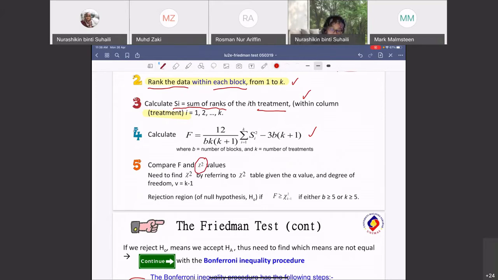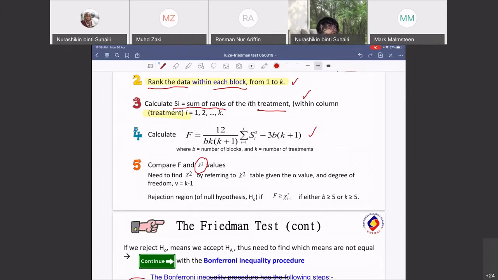You find the chi-square value from the chi-square distribution table, and it's the same table used for Kruskal-Wallis. Is it Kruskal-Wallis? It's not Kruskal-Wallis, I think it's Mann-Whitney, is it? Yeah, Kruskal-Wallis is correct. So it's the same distribution table.